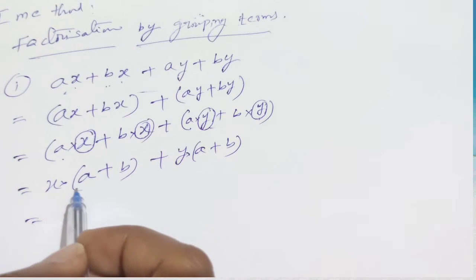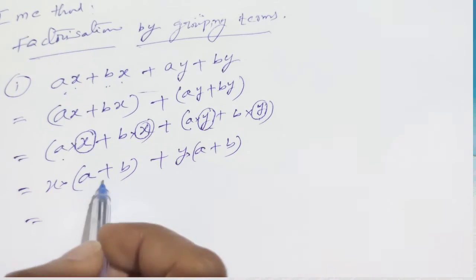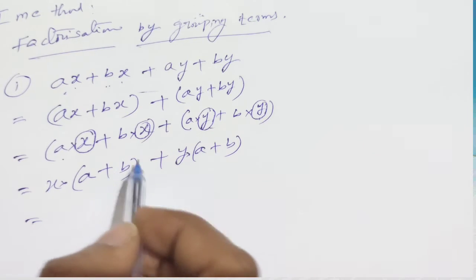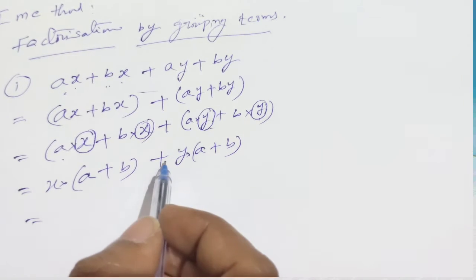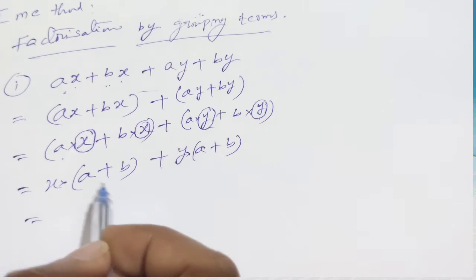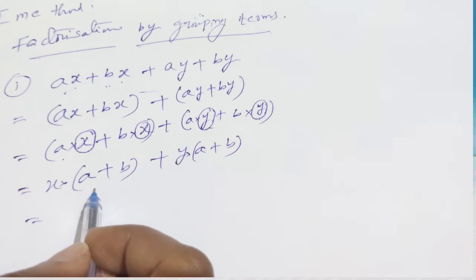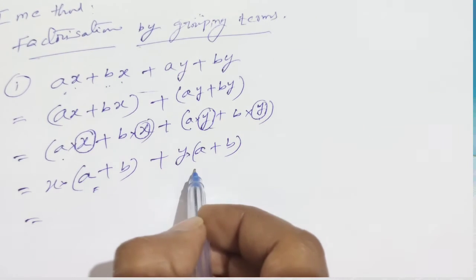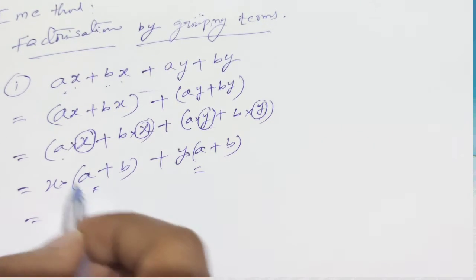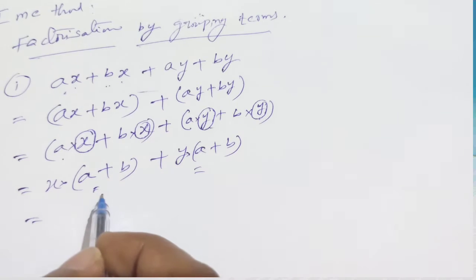Okay, now after taking the common factor from each group, and again by observing this expression, we can take a plus b as a whole as a common factor.